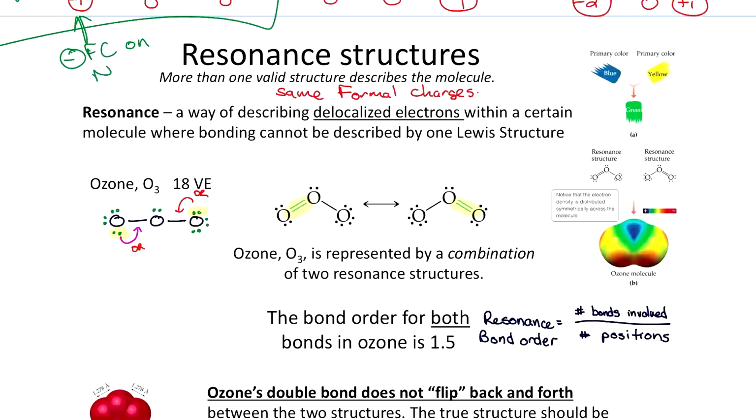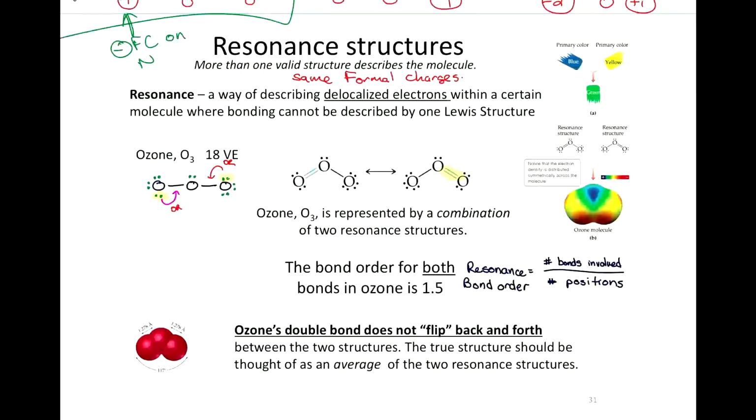So what we see is ozone is represented by a combination of these 2 Lewis structures. What we don't see is a short bond and a long bond on the other side. What we see are 2 bonds that have equivalent lengths, but they have properties between that of a double bond and a single bond.